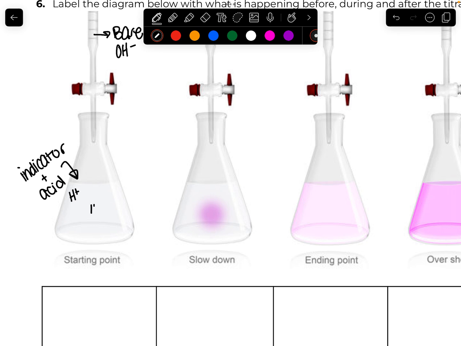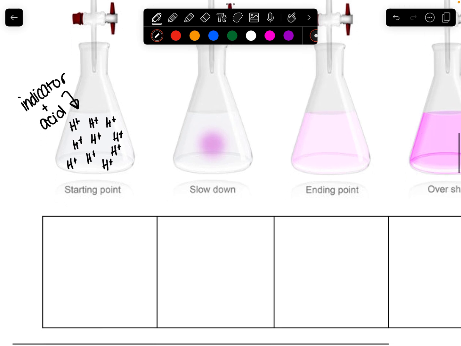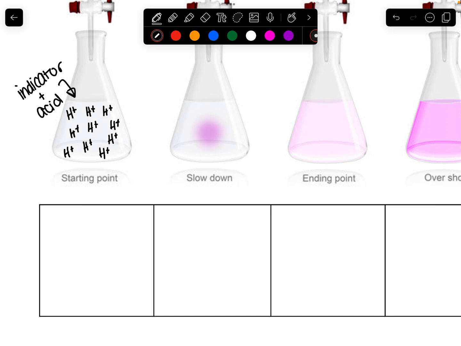So I'm going to draw a bunch of H plus ions in here to help us model what's going on in your titration, and we're going to change this over time. So at the starting point, in your reaction flask, only your dissociated acid is present.